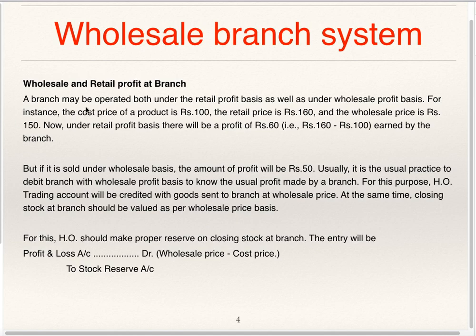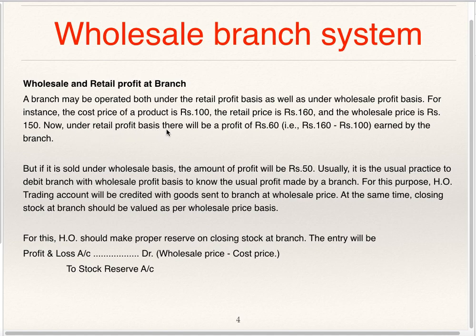Wholesale branch system, wholesale and retail profit at branch. A branch may be operated both under the retail profit basis as well as under the wholesale profit basis. For instance, the cost price of a product is 100, the retail price is 160 and the wholesale price is rupees 150.